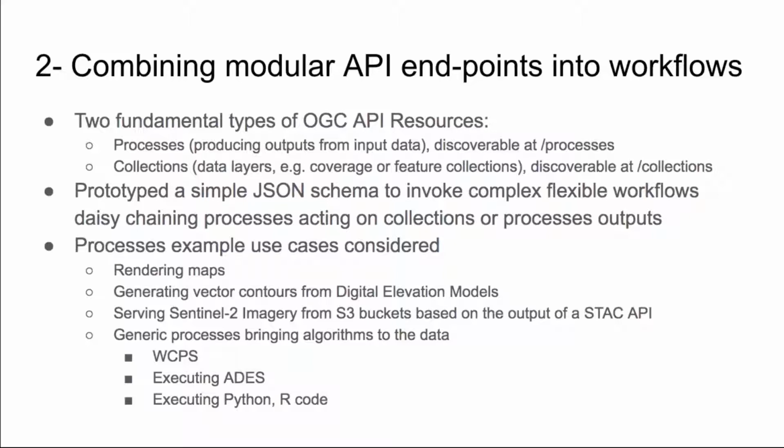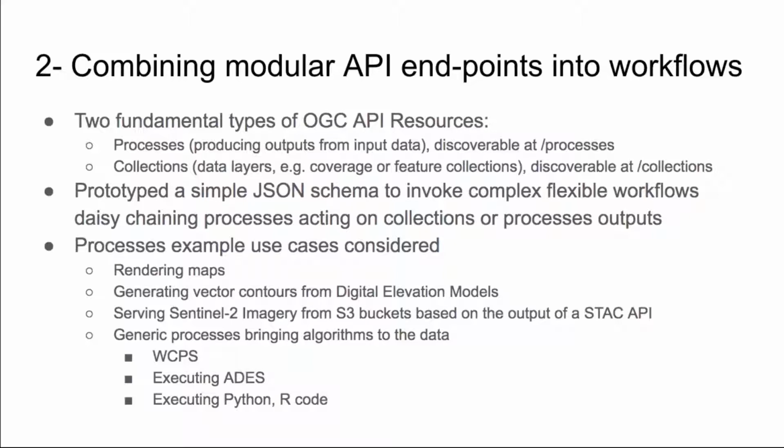Another example is using a STAC API, where you can give it a search criteria, and it's going to identify imagery scenes. The result of that will be a vector feature collection, which can then be an input into another process, which can access these buckets and present it to you using a coverage API.